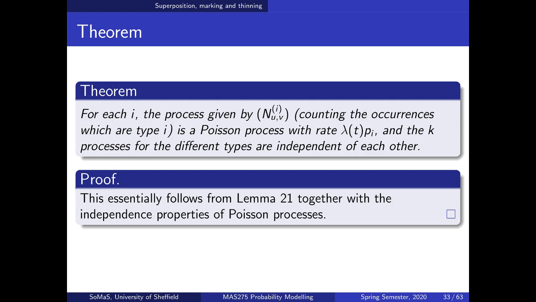Right, so we're saying, if you take your phone calls and then split them according to whatever characteristic of the caller you have, then each of those split processes are independent and are Poisson with a different parameter, which is the original multiplied by the probability of being the certain type.